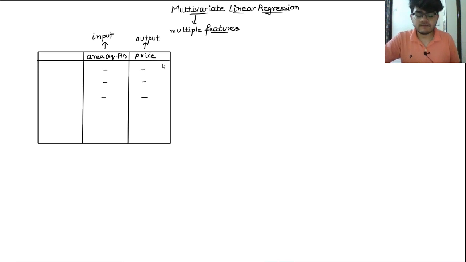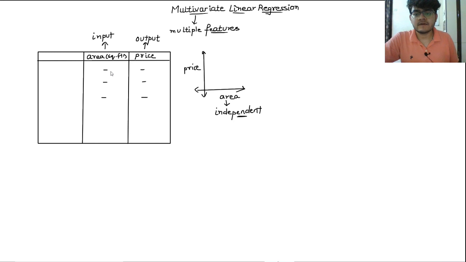So when we were drawing the graph corresponding to this data set, we were plotting area here and price here. The reason why we were writing area on the x-axis instead of the y-axis is because area is an independent variable. It means that area does not depend on price, right?